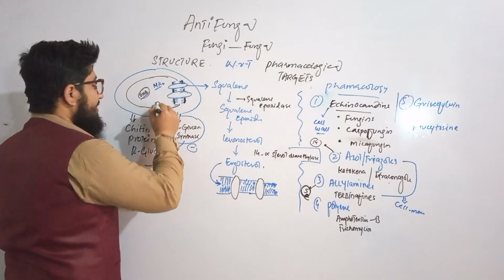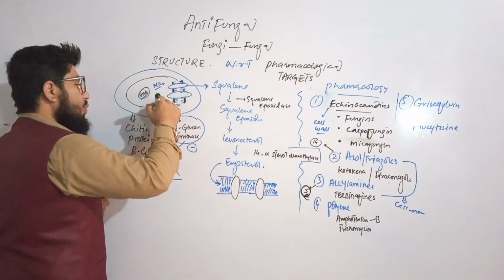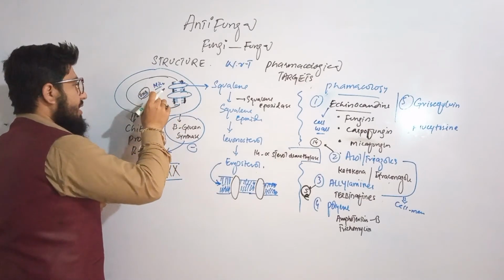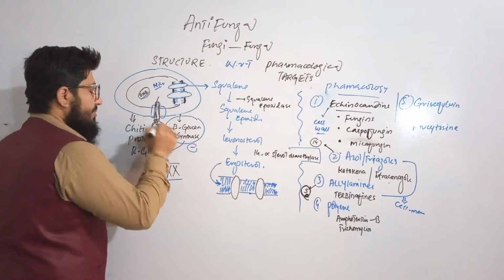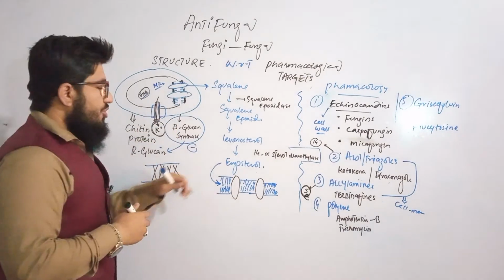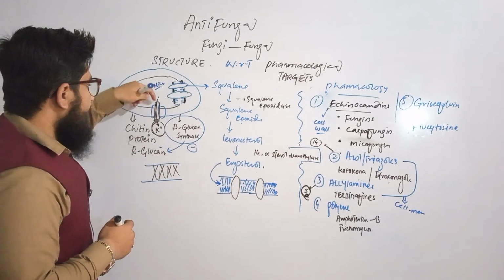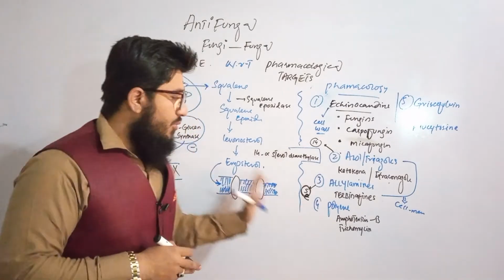Now these channels synthesized by the polyenes allow the content present inside the cell to start moving out, specifically potassium ions. They will start moving out. So in short, the polyenes introduce channels in the cell membrane by means of which the internal content will start moving out. This is the mechanism of action of polyenes.